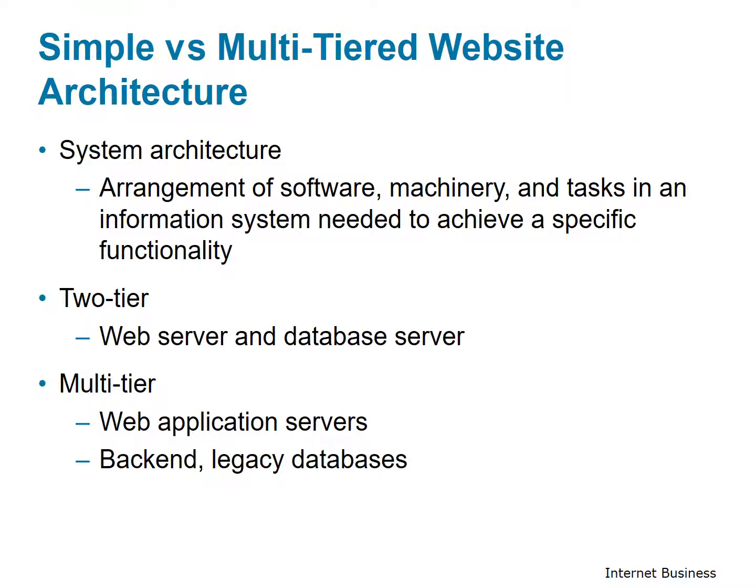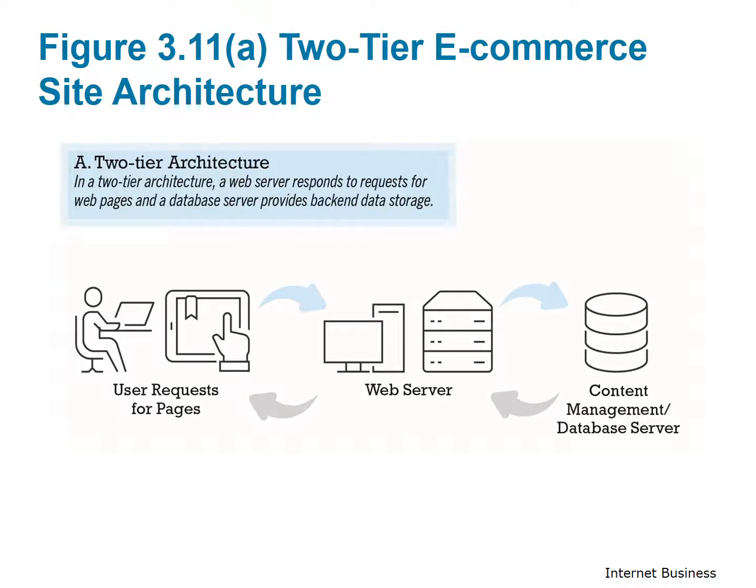You can see figure 3.11a, two-tier e-commerce site architecture. In a two-tier architecture, a web server responds to requests for web pages and a database server provides backend data storage.